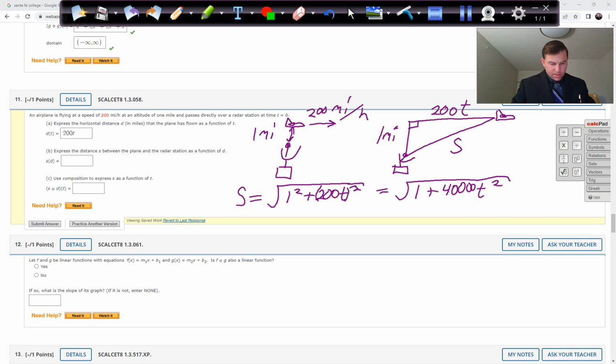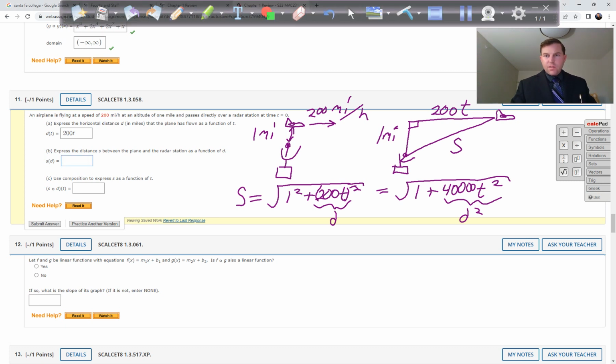So as a function of d, let's see here, d of t is 200t, express distance s as a function of the distance d. Oh, so I guess they're calling this d. They're just saying this is d. So this is d squared. So we did this and we already got the third answer too. So let's just plug this in.